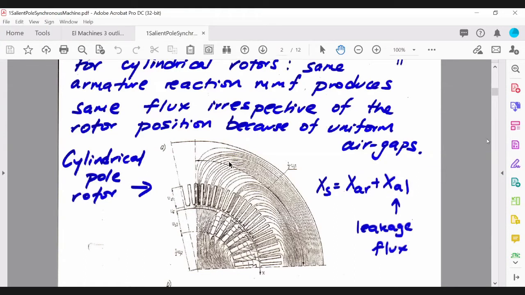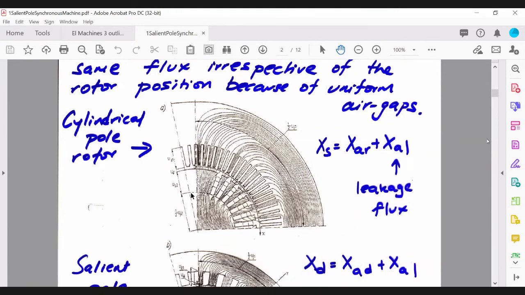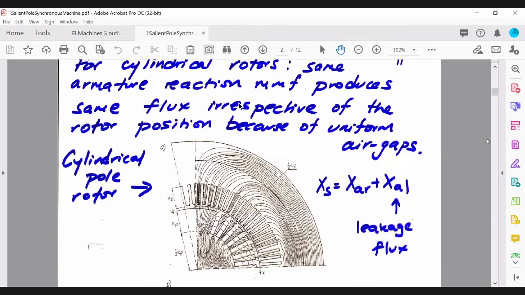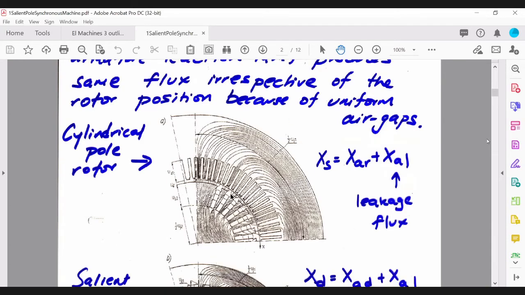of the uniform air gap. So basically, as the rotor moves with respect to the stator axis, the same armature reaction MMF produces the same flux. Remember, your MMF is the number of turns times the current in the coil, and that is producing the same flux in the air gap, irrespective of the rotor position.